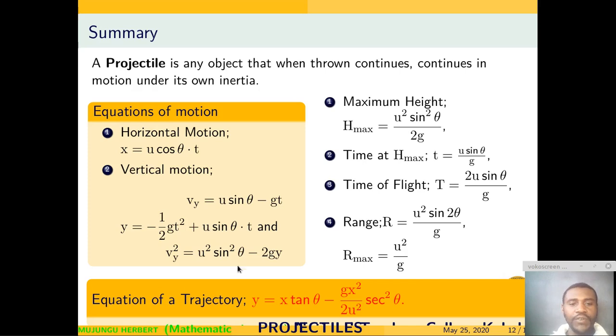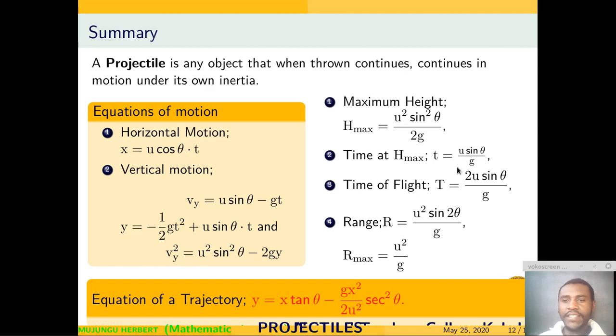Then for vertical motion, we use equations similar to Newton's equations of motion, as you can see below. So these are the general expressions we have obtained. For maximum height, we have that h maximum is equal to u squared sine squared theta over 2g. Time at maximum height is u sine theta over g.